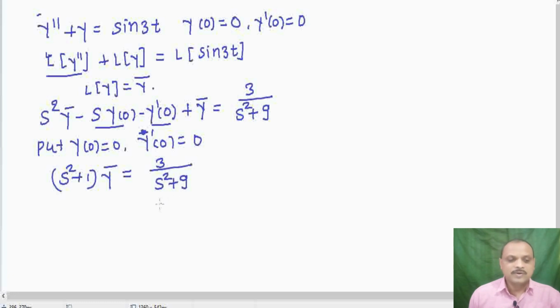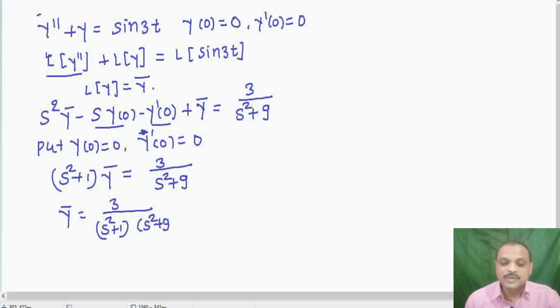So y bar equal to 3 divided by s square plus 1 into s square plus 9. Okay, so we get these two terms.